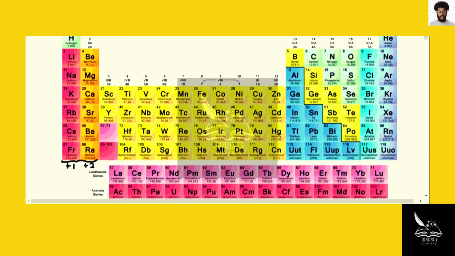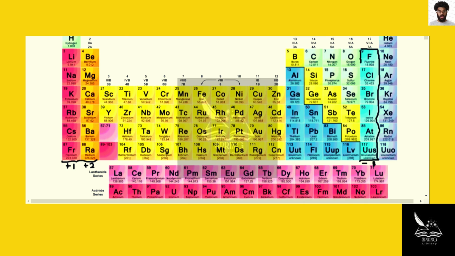which conversely, if you look on the other side, the right-hand side of the periodic table, really starting at the halogens, and remember the halogens are the 7th column right here. It's going to be these guys right here. And remember, these guys have an oxidation state of -1.